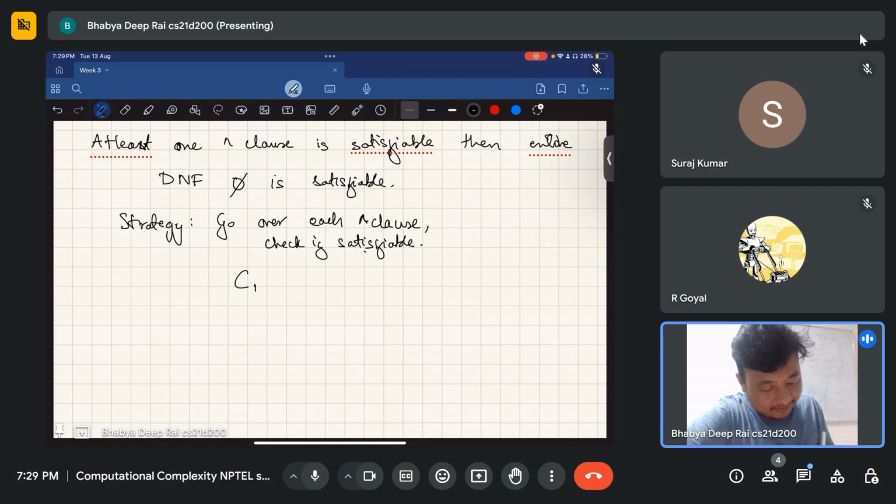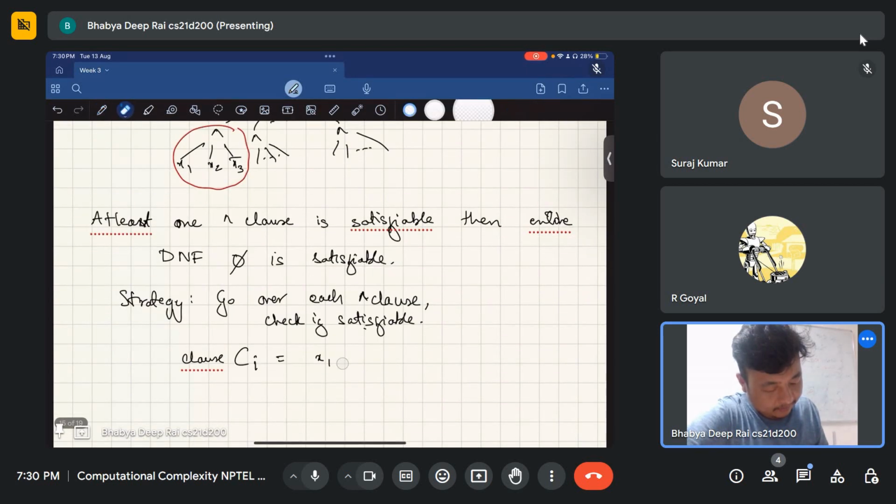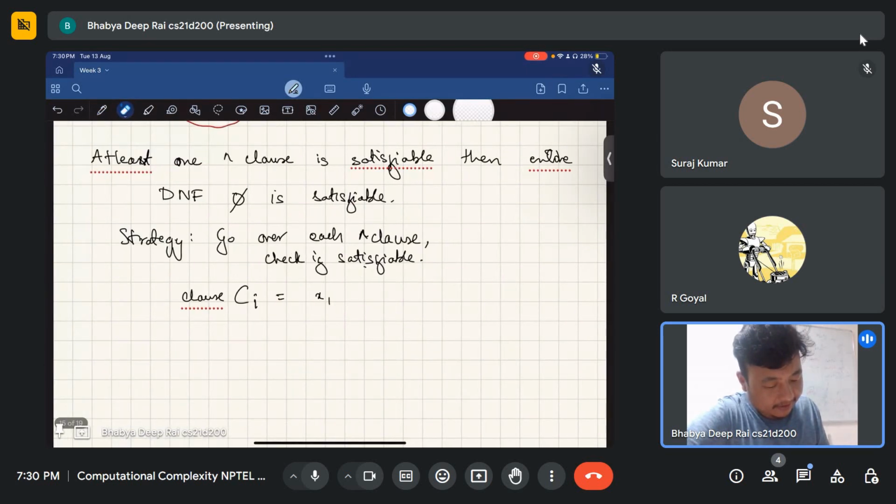Suppose clause Ci is of the form x1 and x2 and so on till xk.